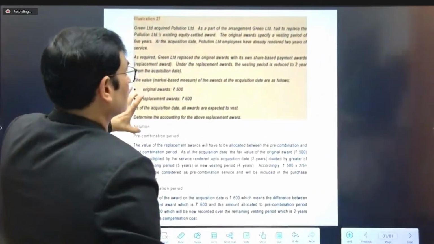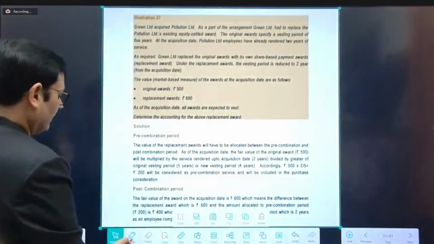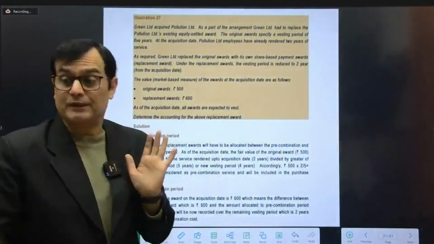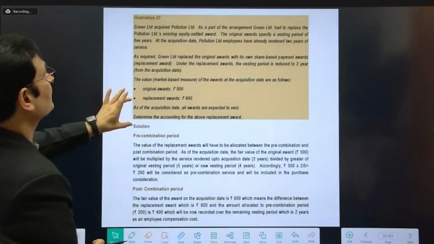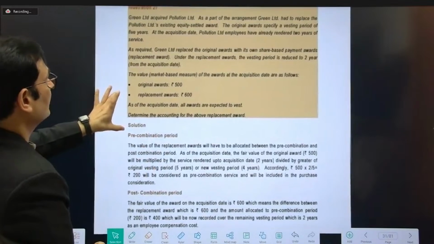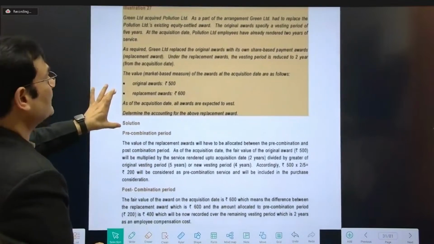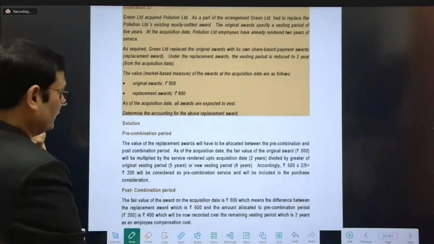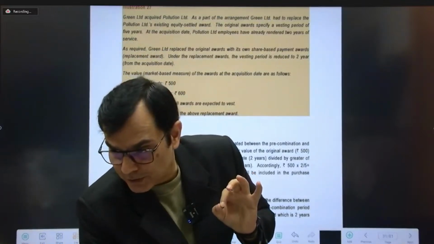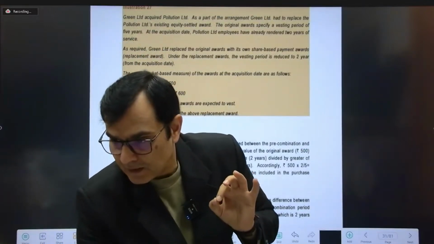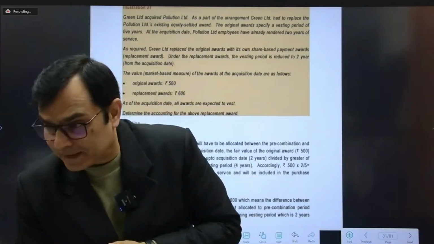So this is illustration number 27 in the study material. And let's have a look. I hope the visibility is good. Maybe we could zoom it a bit more. So we're on illustration number 27. I guess the visibility is good to go. You can see that.